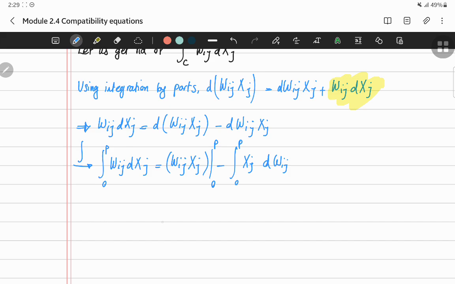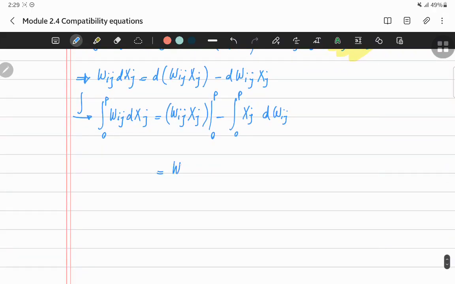Next, I can write this wij xj from 0 to p, which I simply write as this, minus xj times the partial derivative of wij with respect to xk, dxk, for example, from 0 to p, or simply I can write it as wij,k dxk. All right.